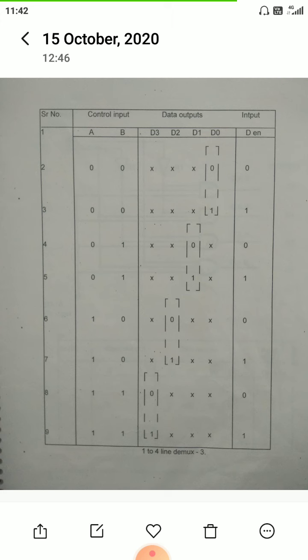We can write the output expression: A bar dot B bar dot D enable equals D0. That is your first data output line, D0.